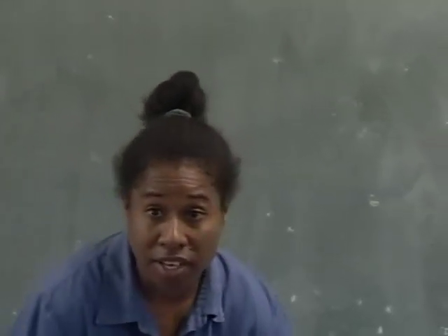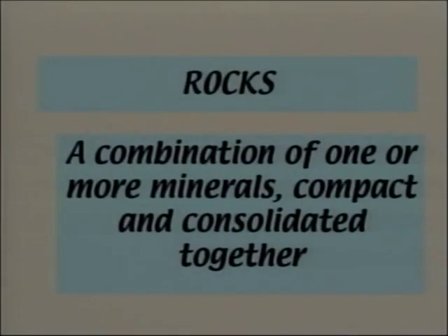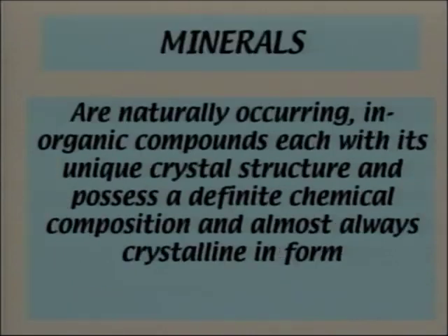Okay, let's look at the definition that we have already from what we covered in the introduction to the work on rocks. The definition that was given stated that rocks are simply a combination of one or more minerals which are compact and consolidated together. From the definition, the word mineral comes in, and to understand what minerals are, because they are what makes up the rocks that we have on the surface and also those that are found under the surface.